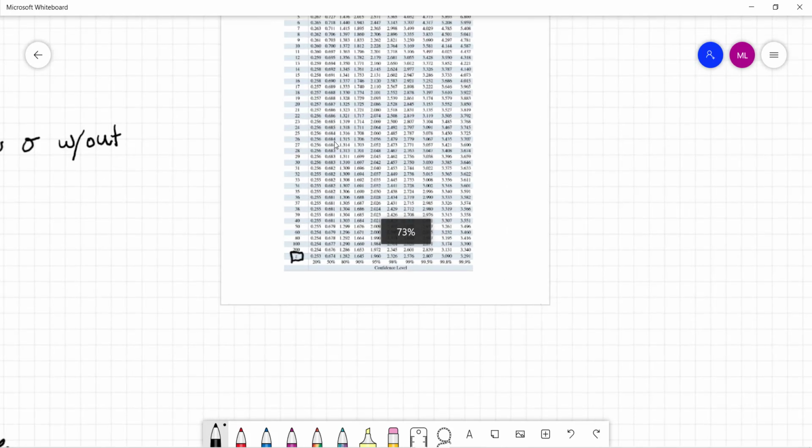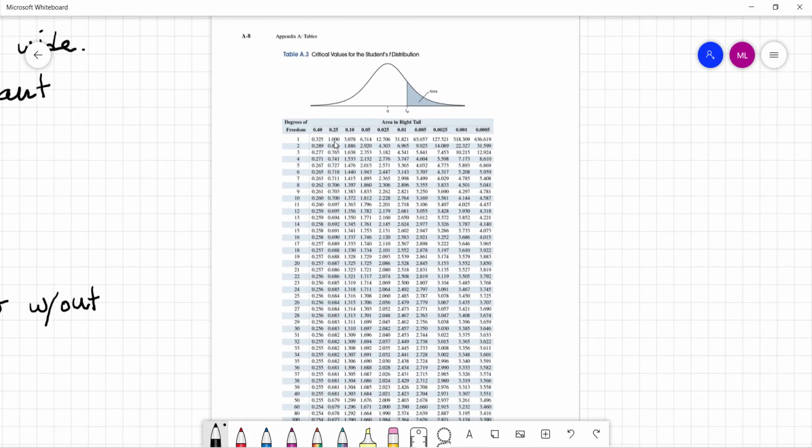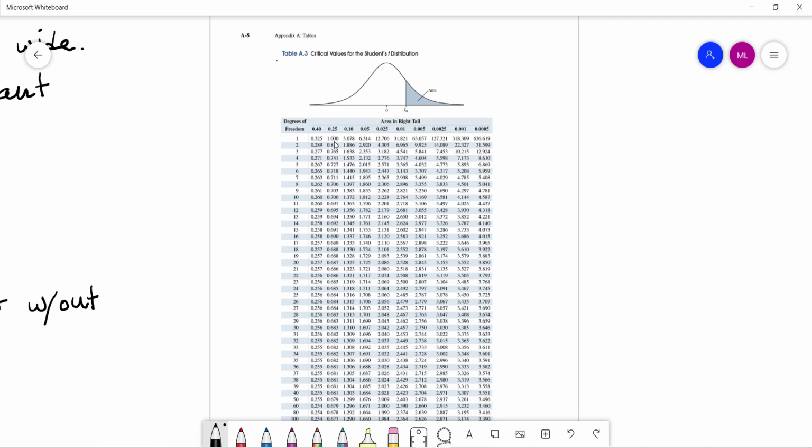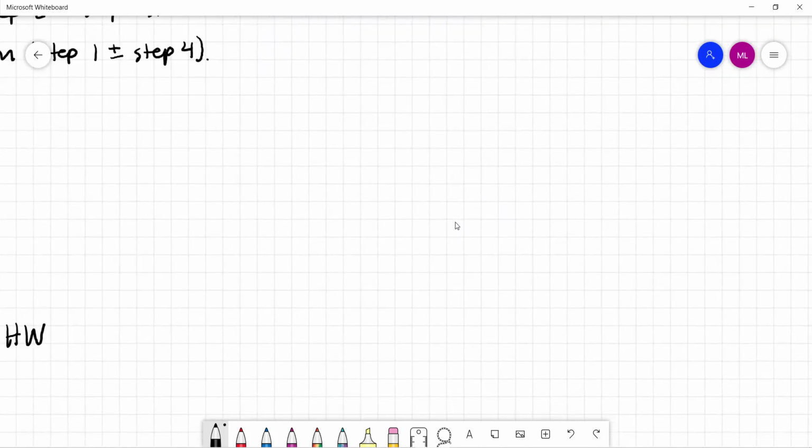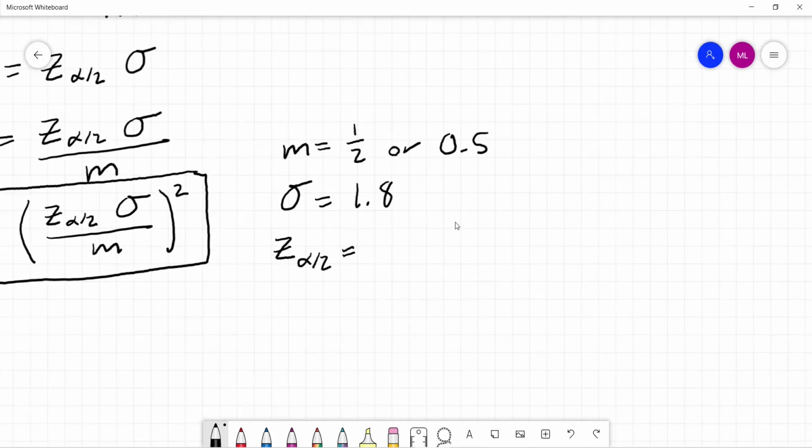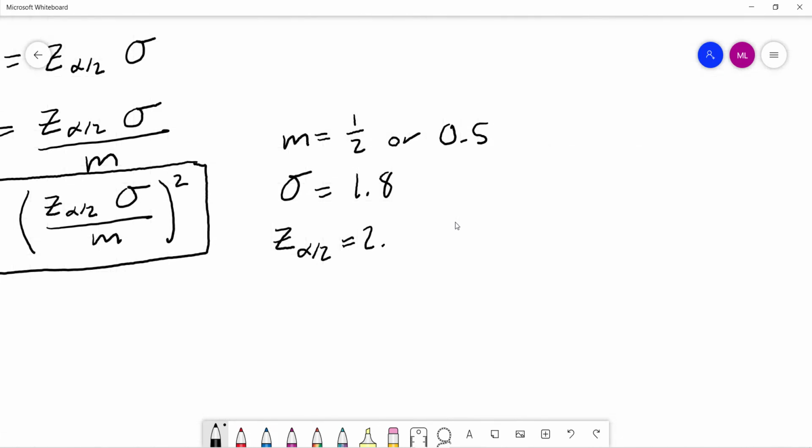Again, we're looking at table A3. At the bottom of table A3, it has the various confidence levels. In this case, we want a 99% confidence level. So what is the corresponding critical value? The number right above it, 2.576. So I'll come back down here, and we will use 2.576.